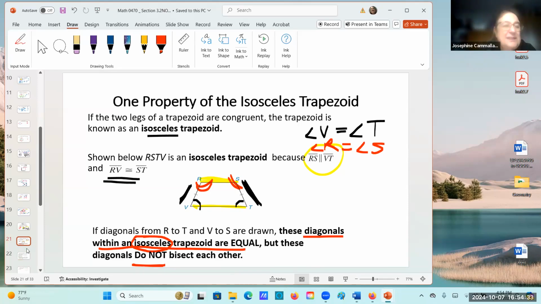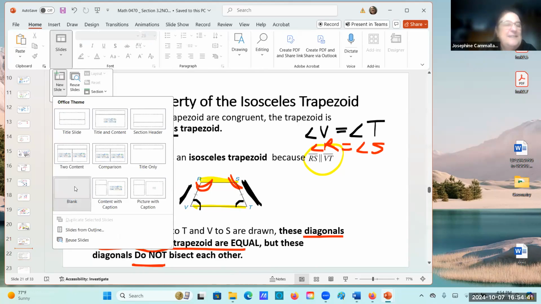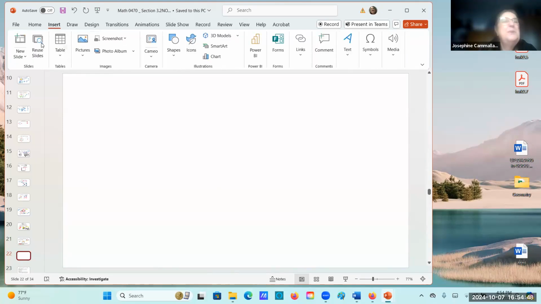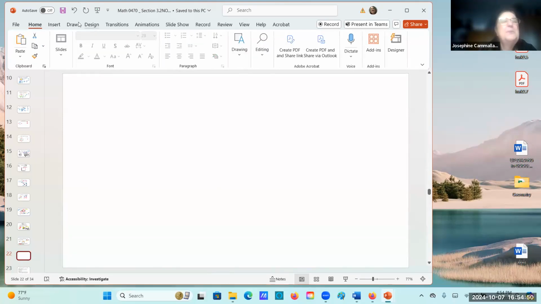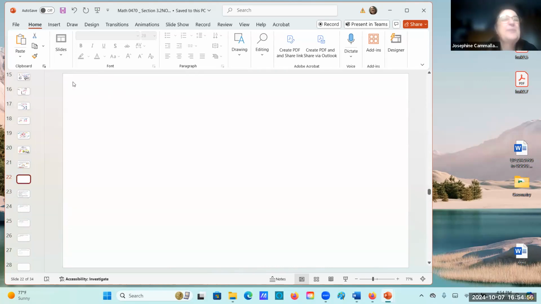Now, I'm going to throw a slide in here. Now, let's go back here.